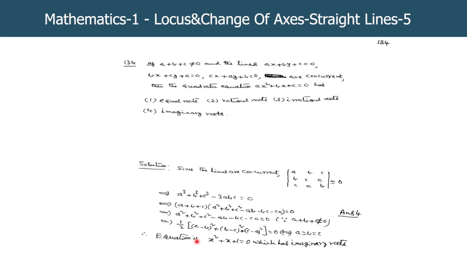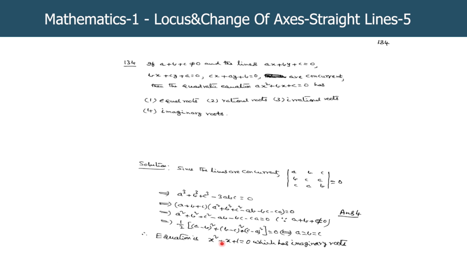Therefore, the quadratic equation is simply x square plus x plus 1 equal to 0, because A is equal to B is equal to C. That means x square plus x plus 1 equal to 0 has imaginary roots because the discriminant b square minus 4ac is 1 minus 4, which is minus 3, negative.